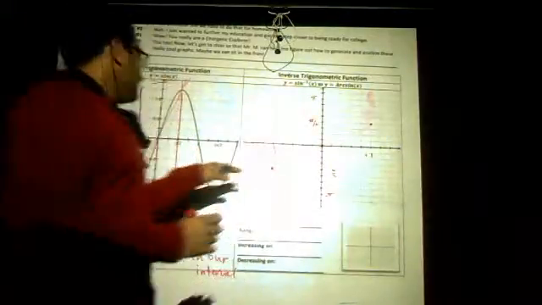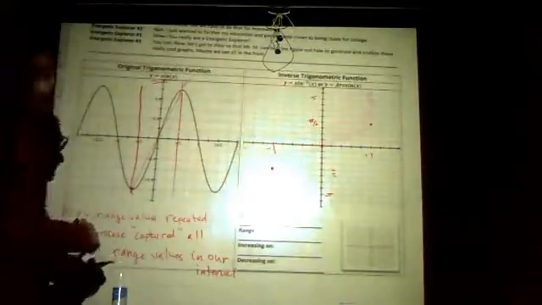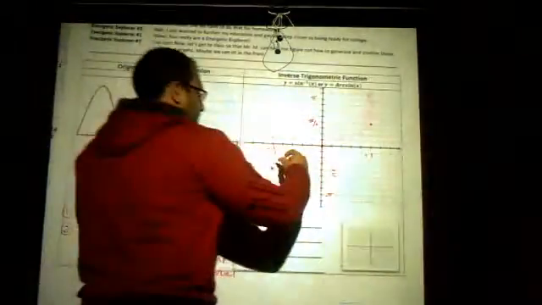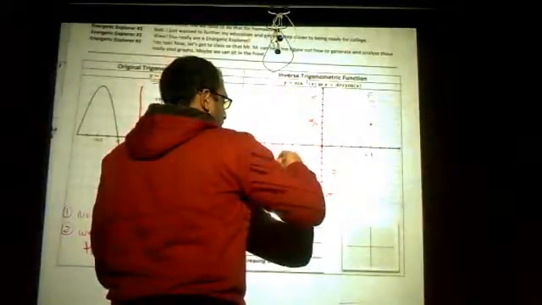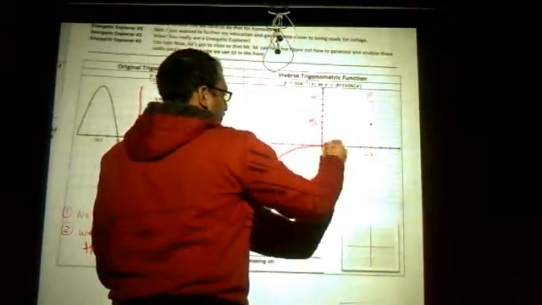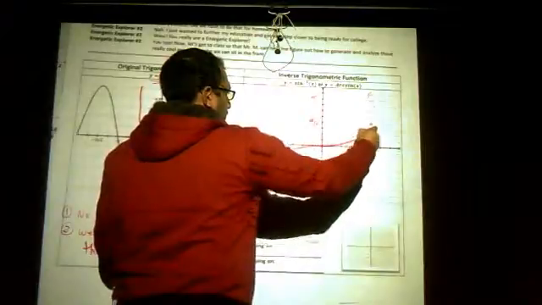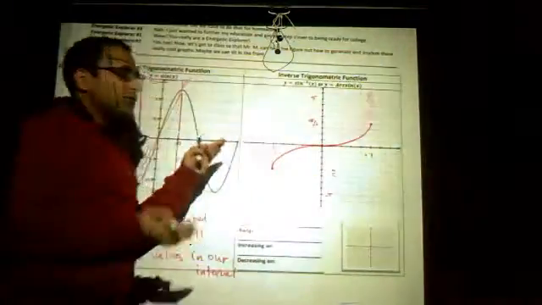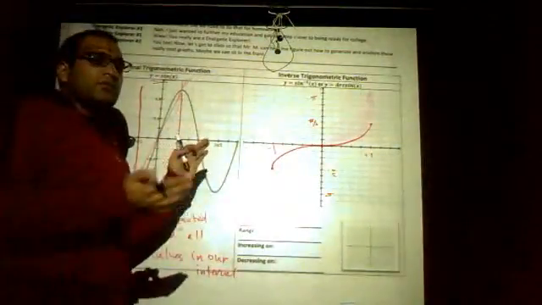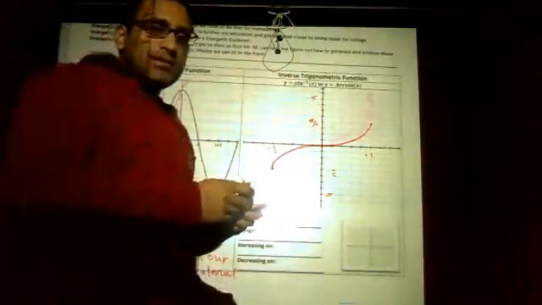Well, whenever I reflected it, what happened? I reflected it, and that made my graph do this. So if you look at this and think about it, what actually happened?